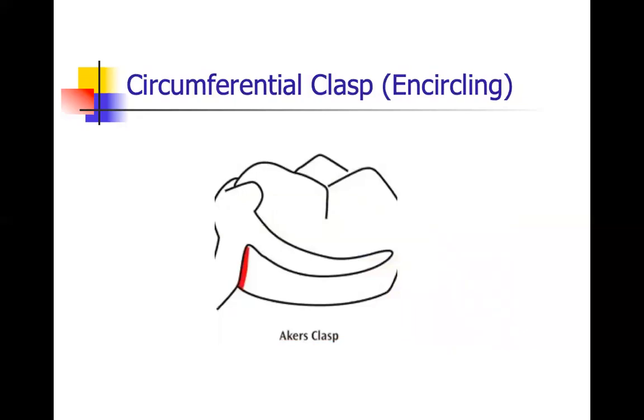Cast circumferential clasp was first proposed by Dr. Nabbit. Later, it was modified by Dr. Aker. It is simple and easy to construct and has excellent stabilizing properties.